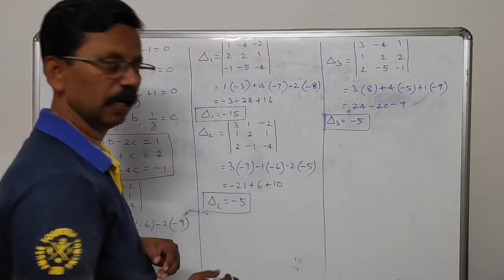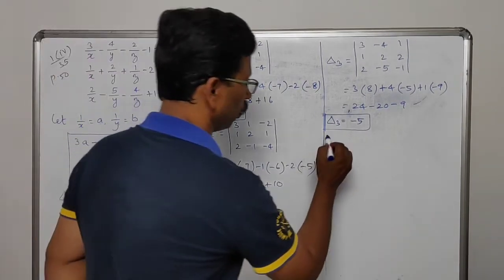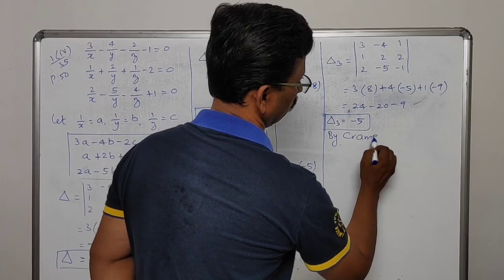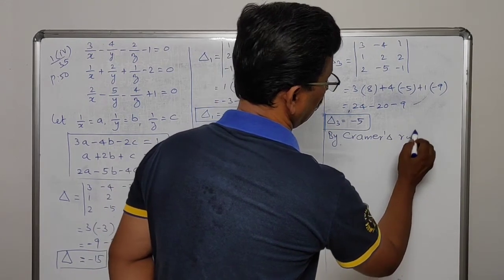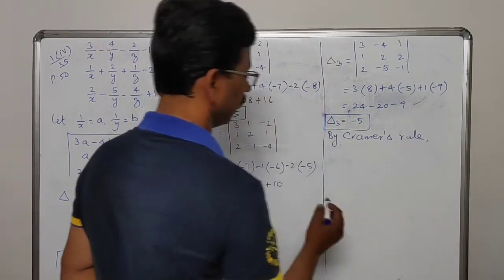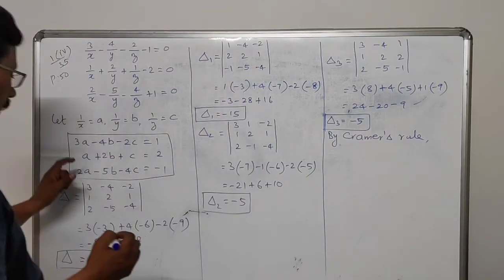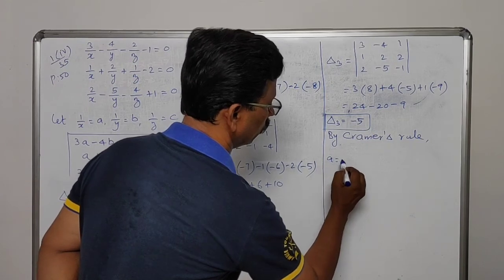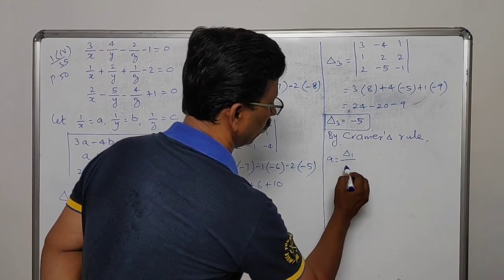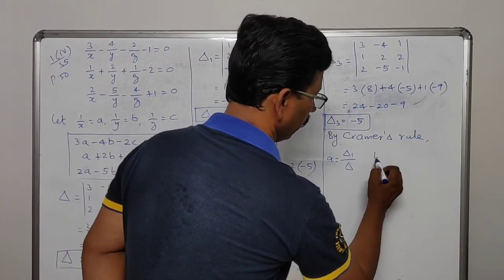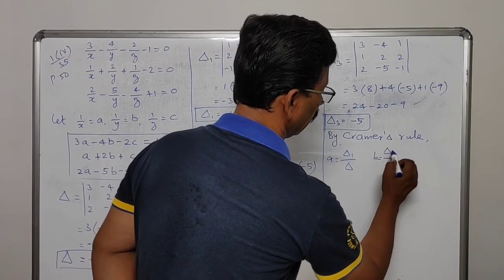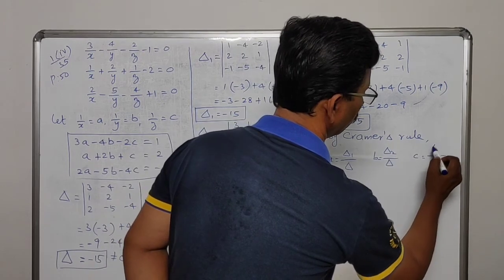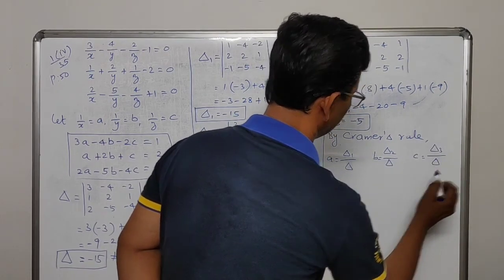Now after finding these three values, by Cramer's rule, or Cramer's method, the variables are a, b, c. Therefore, you can write a is equal to delta 1 by delta, then b is equal to delta 2 by delta, and c equal to delta 3 by delta.